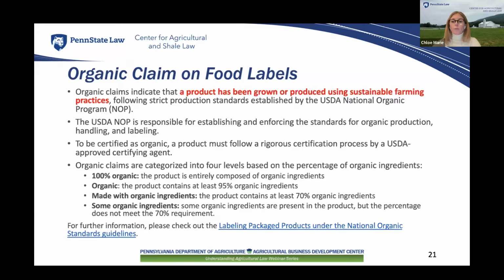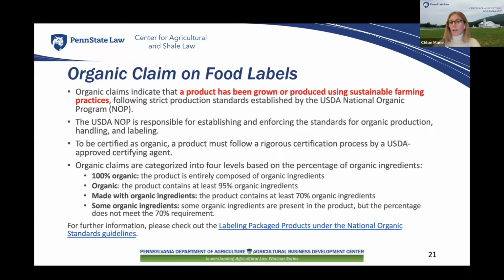Organic products are labeled under 4 categories. You have 100% organic, which means the product is made entirely with organic ingredients. Organic, which means that the product contains at least 95% organic ingredients. Made with organic ingredients, meaning that the product contains at least 70% organic ingredients.